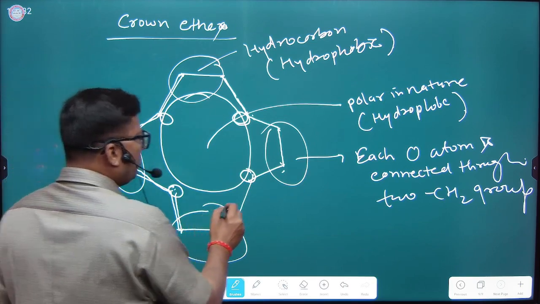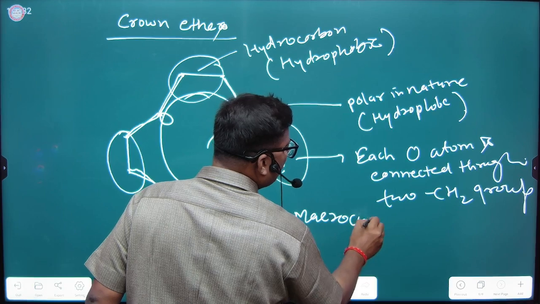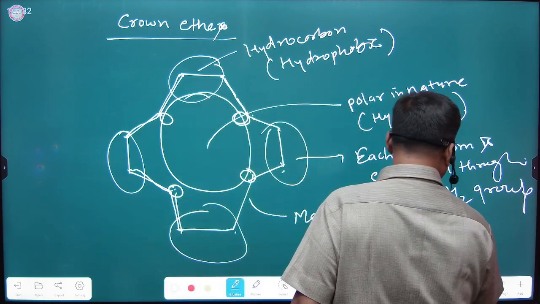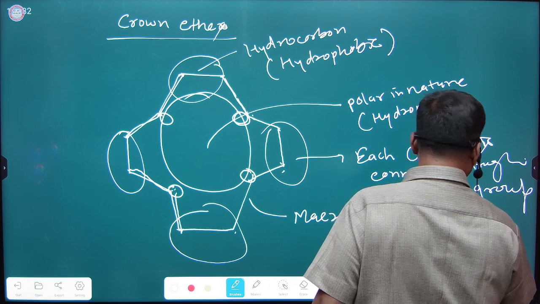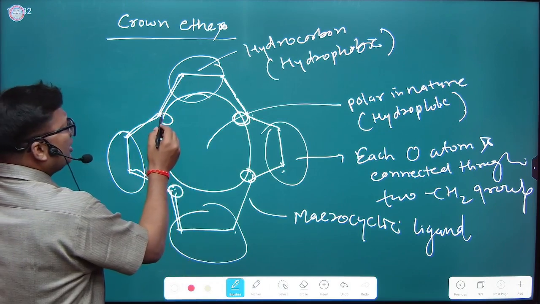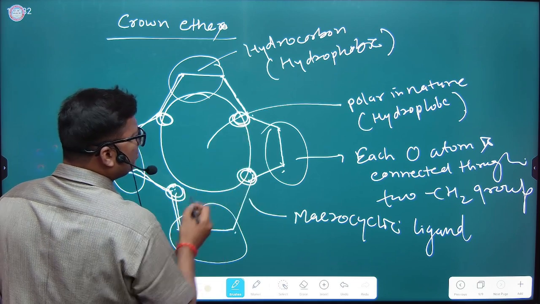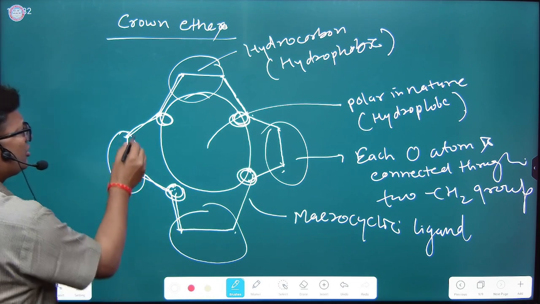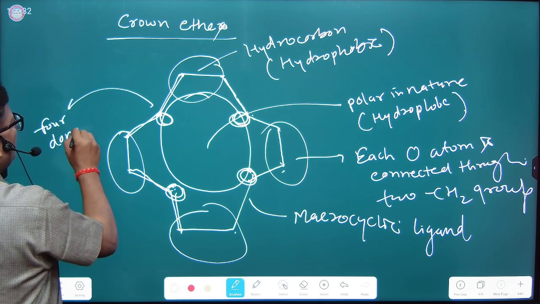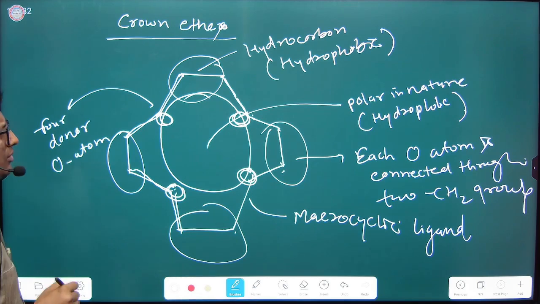So this is called a macrocyclic ligand. It has 4 donor sites actually: one oxygen atom, second oxygen atom, third oxygen atom, and fourth oxygen atom. So it has four donor oxygen atoms.